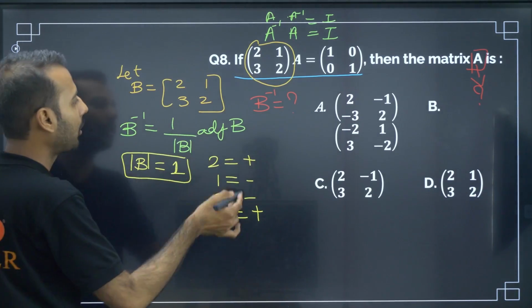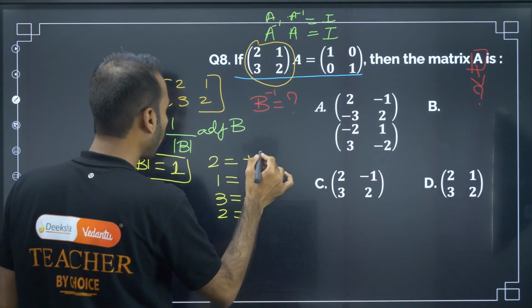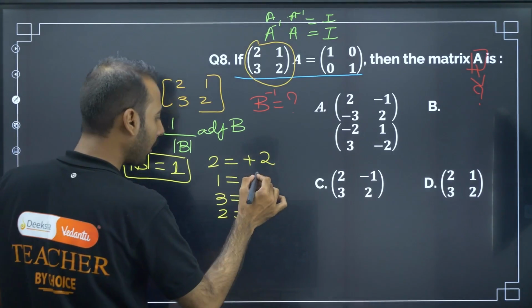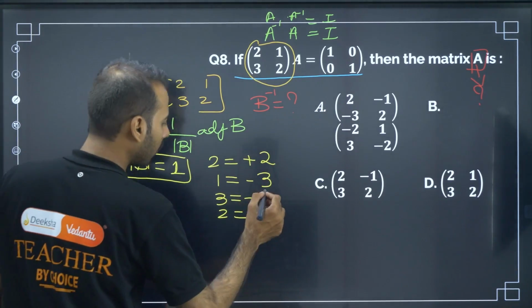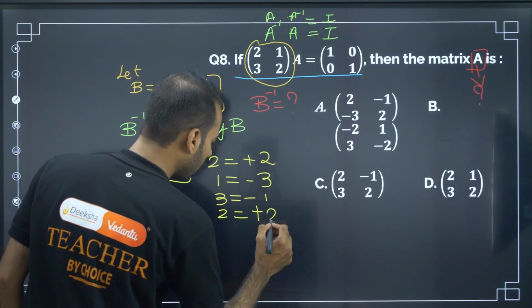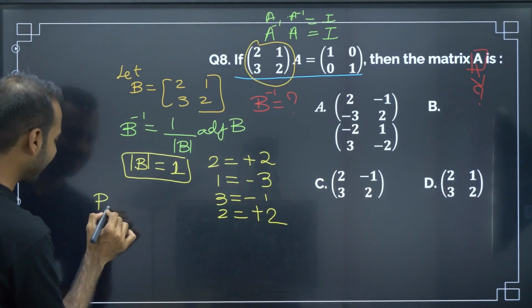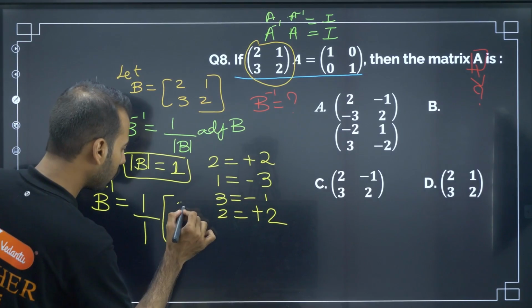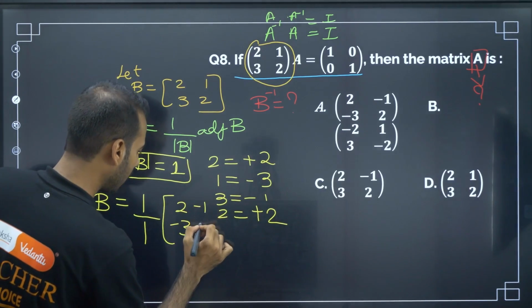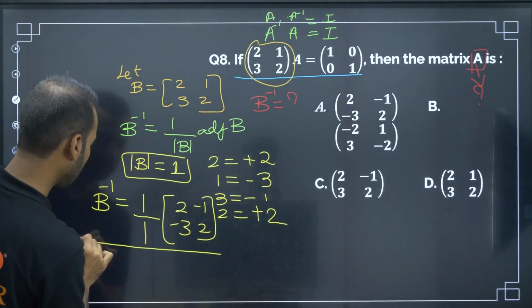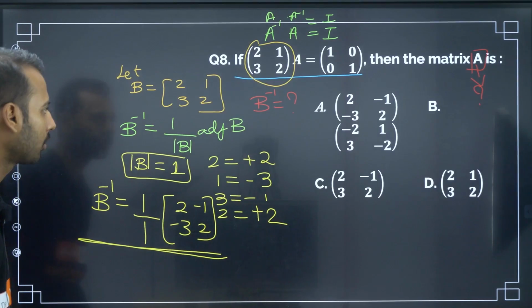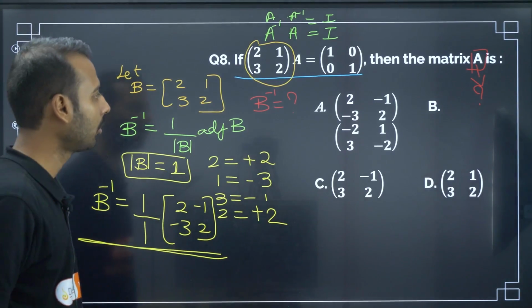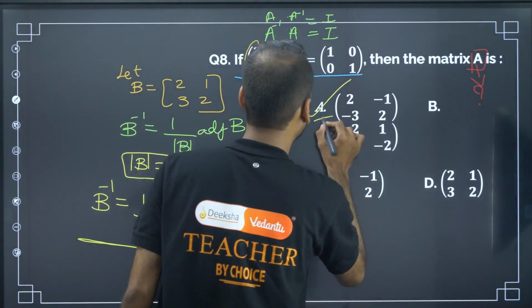I will assume the students watching are aware of how to find the adjoint for a 2 by 2. So B inverse is equal to 1 by 1 times the adjoint of B, which is 2 minus 3, minus 1 2. So B inverse is 2 minus 3 minus 1 2. A is the answer for this.